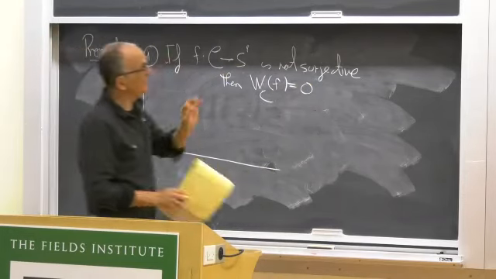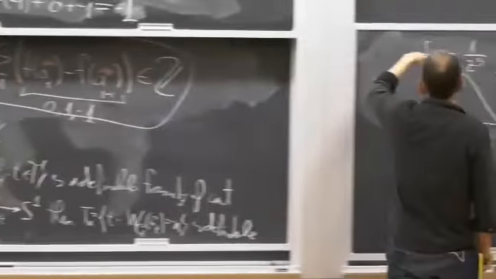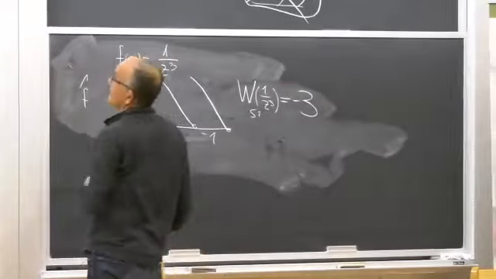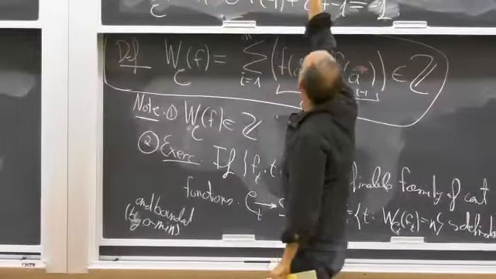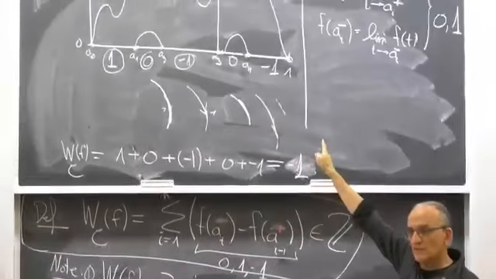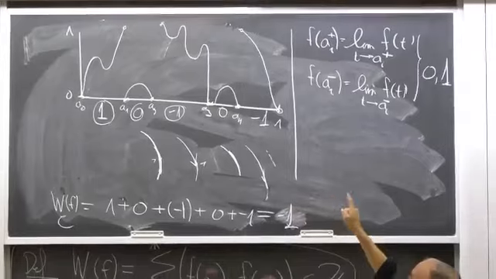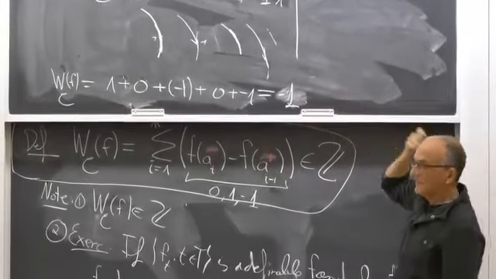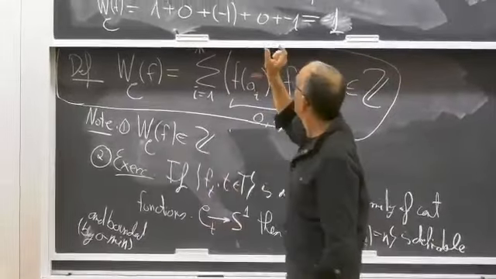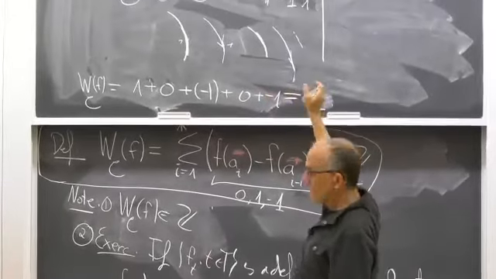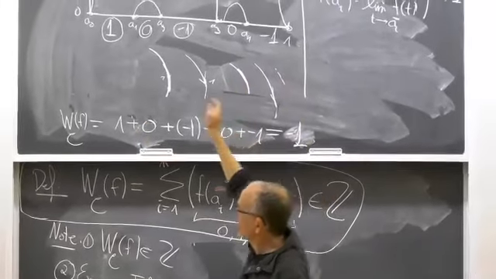What I'm saying is that if it's not surjective, it means you don't cover in the range the whole interval 0, 1. So you will never have jumps like we have here from 0 to 1 or from 1 to 0, because otherwise it will be surjective, right? So in none of these intervals can we get the value 1 or -1, right? So it's not just about the sum. Locally, in each interval, you cannot get 1 or -1 because otherwise you will be covering the whole range. So it means you are surjective.